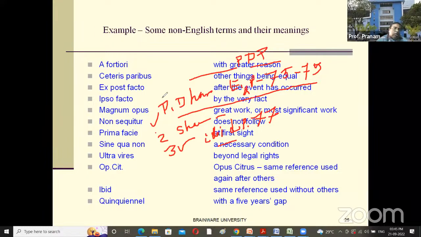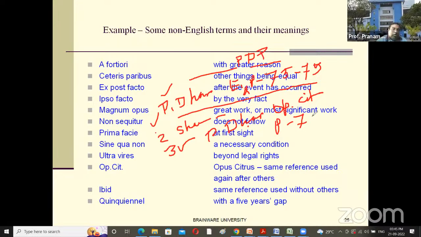Again when you are mentioning this article of Pidhor, then here instead of Ibid you have to write Pidhor, op. cit., page 77.